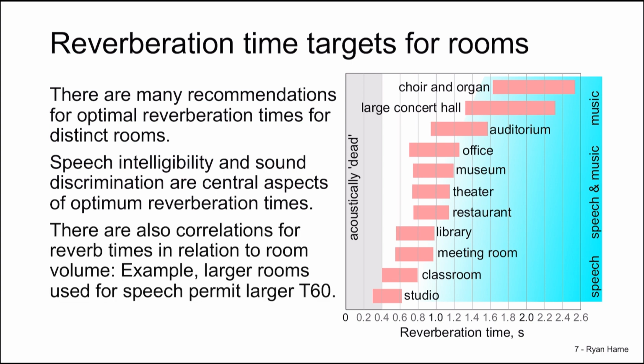There are also correlations in this table to the volume of the room involved. So for instance, a classroom is small, whereas an office space might be larger, but in both environments we want to hear speech. What we see though is that as the volume of the space increases, we might still permit greater reverberation times, even if we're still interested in the same function, and that is speech.